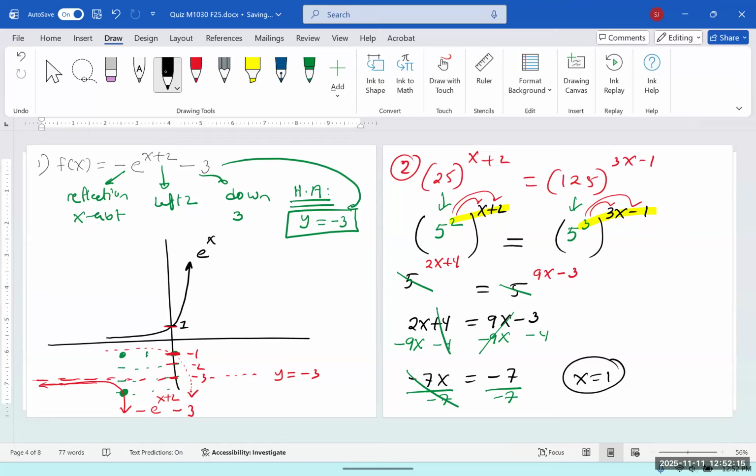Really? So if this is 1, we have 25 to the 1 plus 2, which is 3. And this one, 125, is 3 times 1 is 3, 3 minus 1 is 2. Does it make sense? So 25 cubed and 125 squared, they're the same.